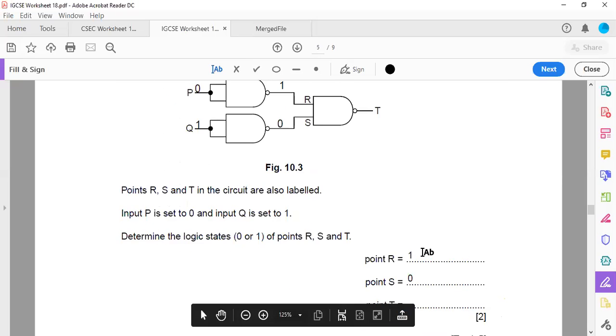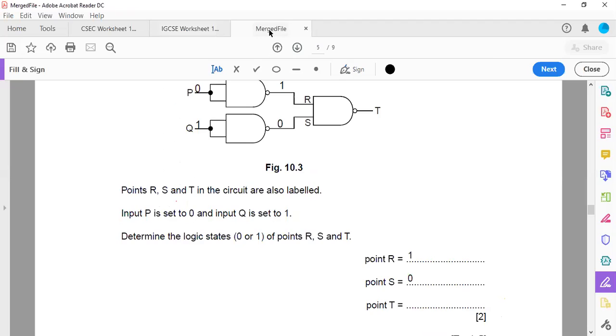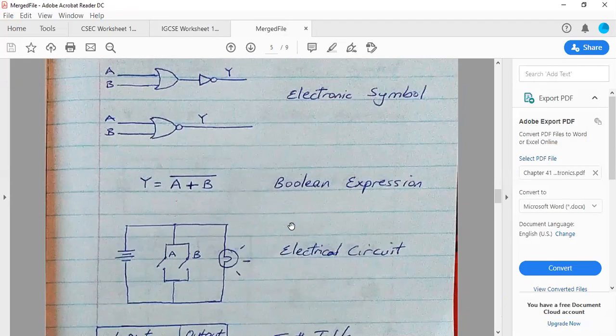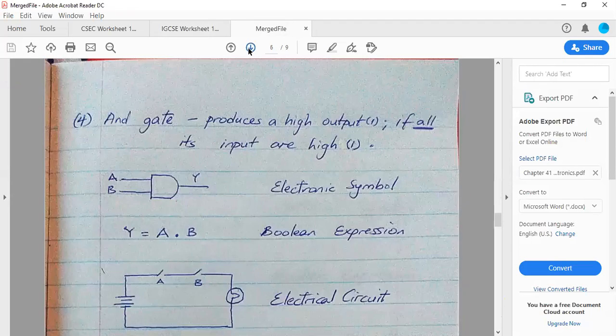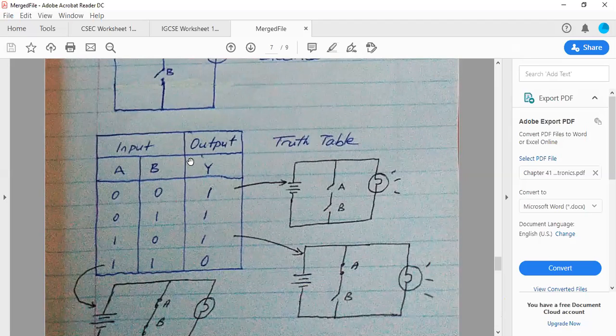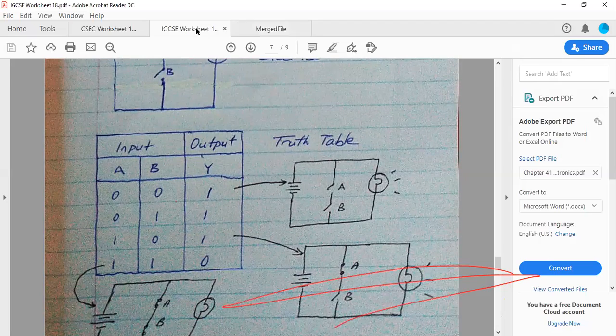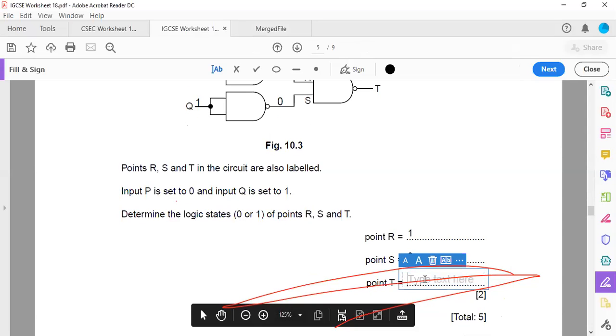And for the NAND gate at T, let me go back to the NAND gate. When you have a 1 and a 0 in your NAND gate, what is your output going to be? 1. So your answer here should be 1. Everybody okay with how we get this?